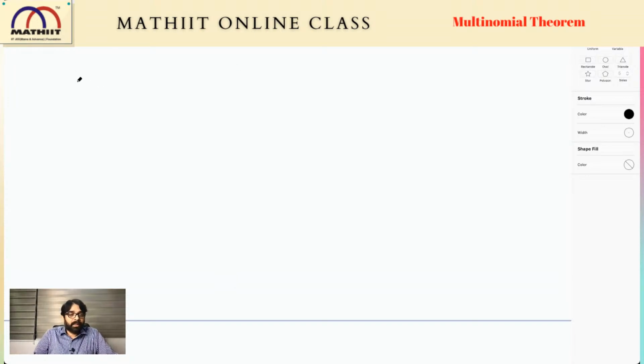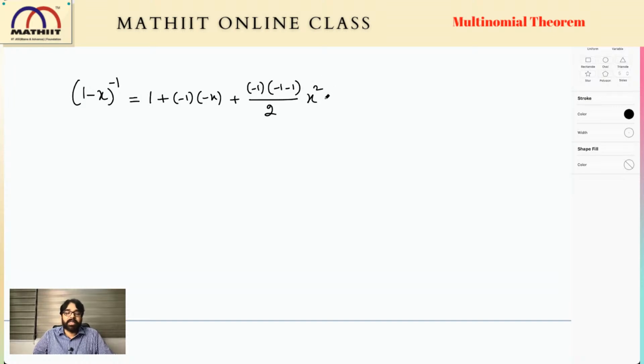Acha, can we get the series of (1 minus x) power minus 1? Let's use that formula: 1 plus nx, n is what? Minus 1. So minus 1 into x, x is minus x. Plus n into (n minus 1) divided by 2 factorial, into x square; minus 1 into minus 2 by 2 into x square, minus x whole square means x square.